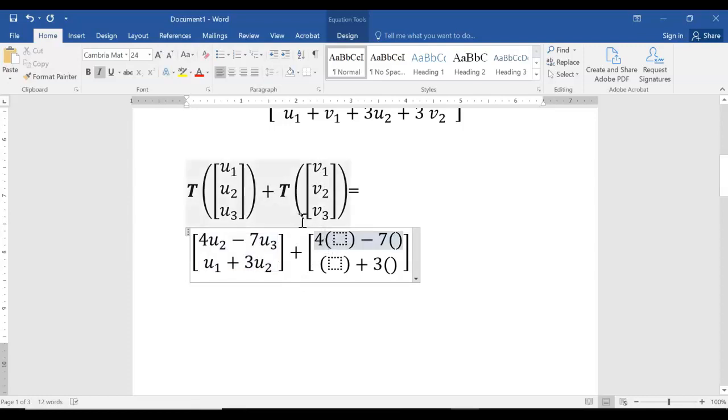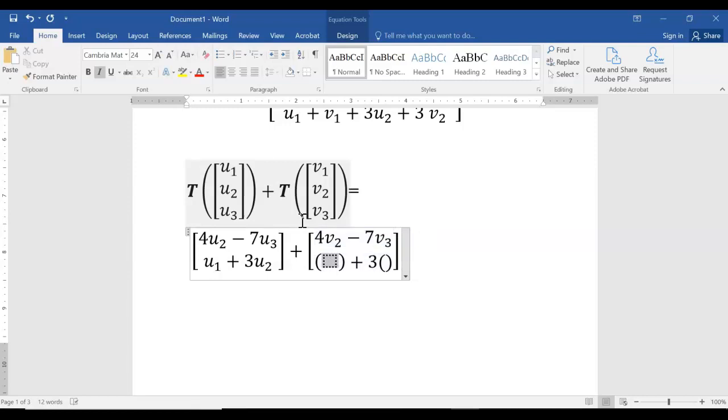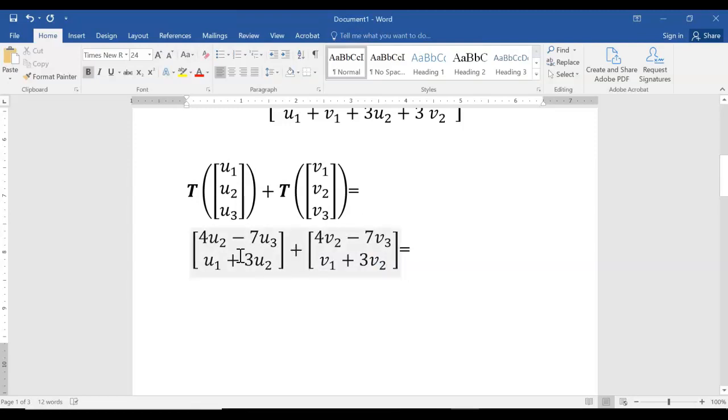Similarly, with the v's, when we transform it, you get 4v2 minus 7v3, and then you get a v1 plus 3v2. Okay? Now, if you add those two vectors together, what vector are we getting out?